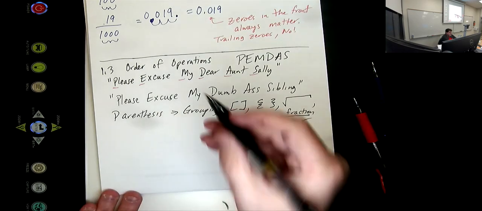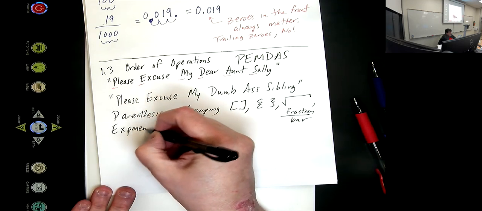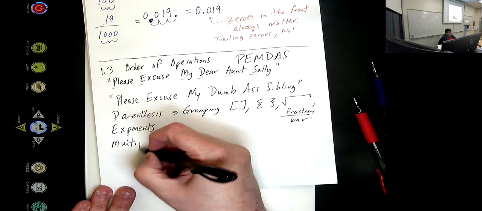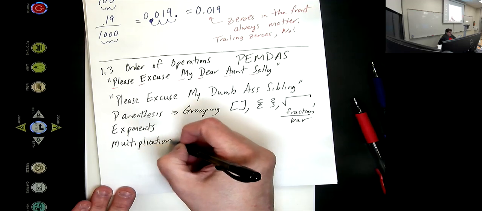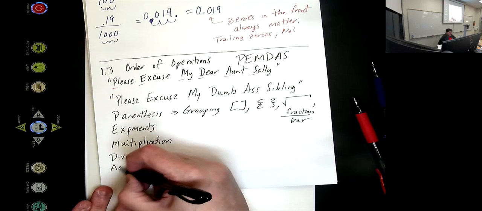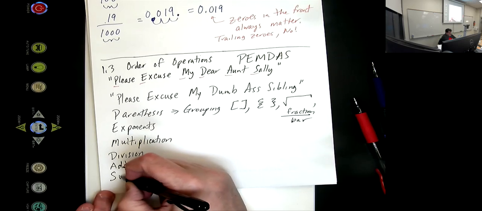So P is for parentheses. E is for exponents. M is for multiplication. D is for division. A is for addition. And S is for subtraction.